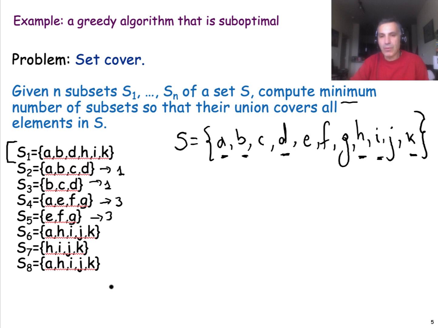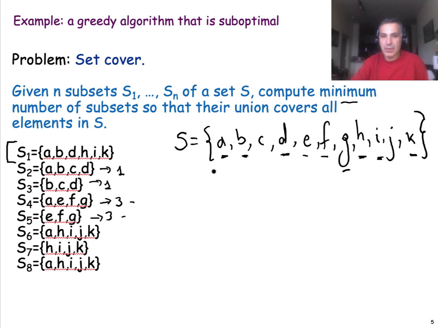If you do all of this, you will find out that the set that your greedy algorithm would pick next would be either S4 or S5, because these are the two sets that have the largest number of elements that have not been covered yet. So assuming that you pick either S4 or S5, you would cover also. And now you still have to cover C and J. So given that these two elements do not appear together in any set, you would have to pick two more sets.